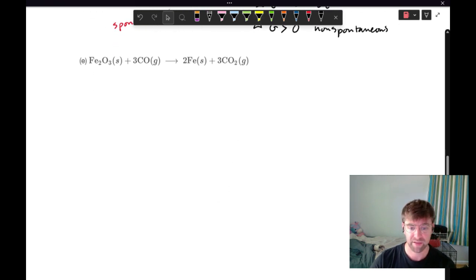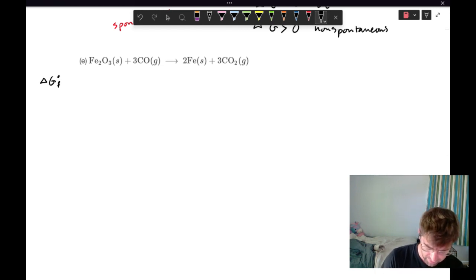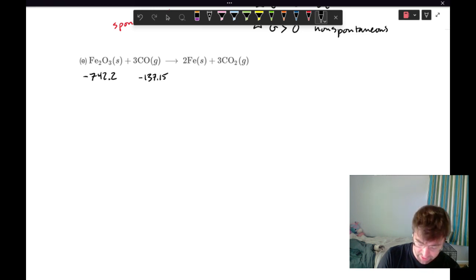All right, let's look at iron oxide. So Gibbs free energy. Actually, you know what? I'm going to go ahead and skip this one just because it's going to be more of the same. But I'll go ahead and write these values here for you. Don't forget your stoichiometry.